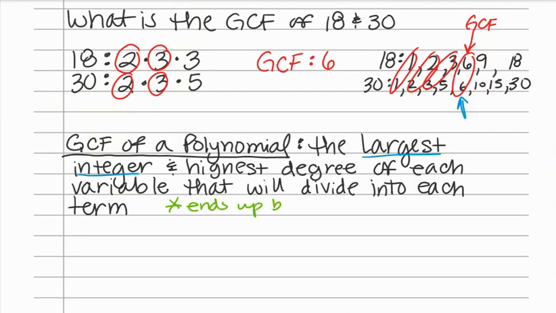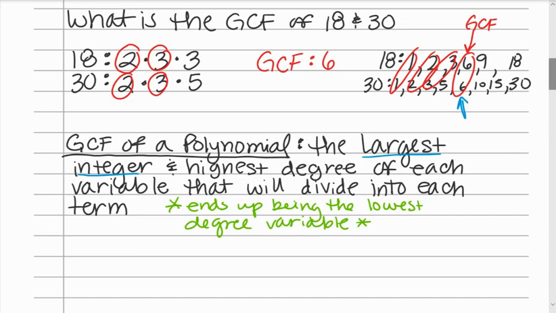And like I said, it does sound like the exact opposite of what's written here. The difference is the highest degree of the variable that divides into the term is more the process to find the GCF of the variables, and it ends up actually being the lowest term. You'll see. So just hang with me. I know that's a little strange, but you'll see as we go through our examples.